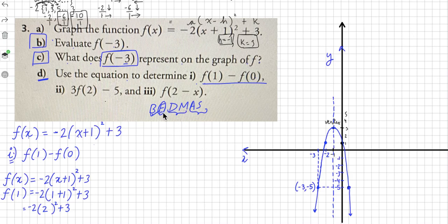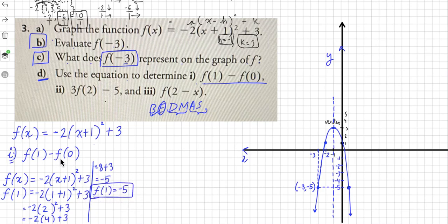Solving the exponent, 2 squared is 4, so negative 2 times 4 plus 3. Multiplying first, negative 2 times 4 is negative 8, plus 3. Adding them up, negative 8 plus 3 is negative 5. So when x is 1, y will be negative 5.